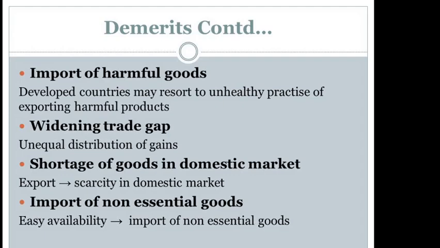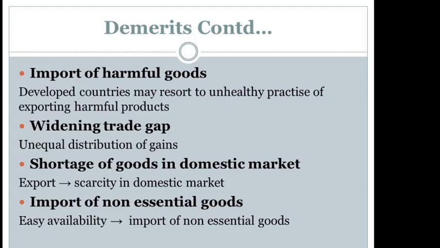Next point is the shortage of goods in the domestic market. Some economies may resort to the export of essential commodities required domestically and are in short supply. As a result, scarcity will be felt in the domestic market, leading to inflation.